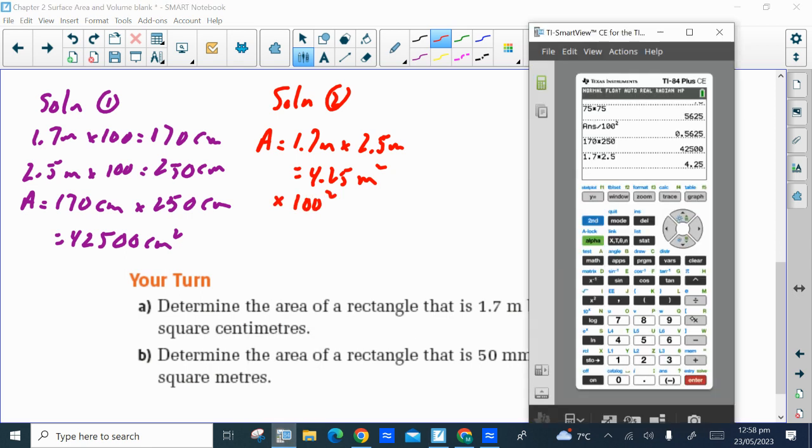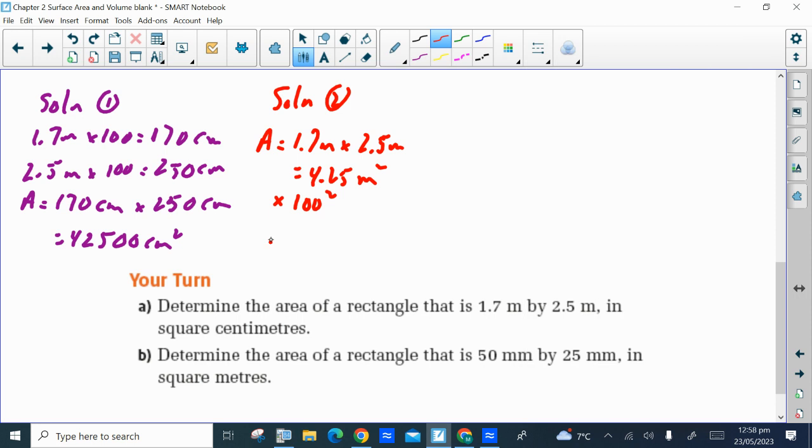If we take that number and multiply by 100 squared, you get the same answer, 42,500. Both methods work. The difference is that the second method, you only have to do one conversion, whereas the first method, we had to do two conversions. The first method, we did two conversions, then found the area. The second method, we found the area first and did one conversion. They both work. So it doesn't matter which way it's done.